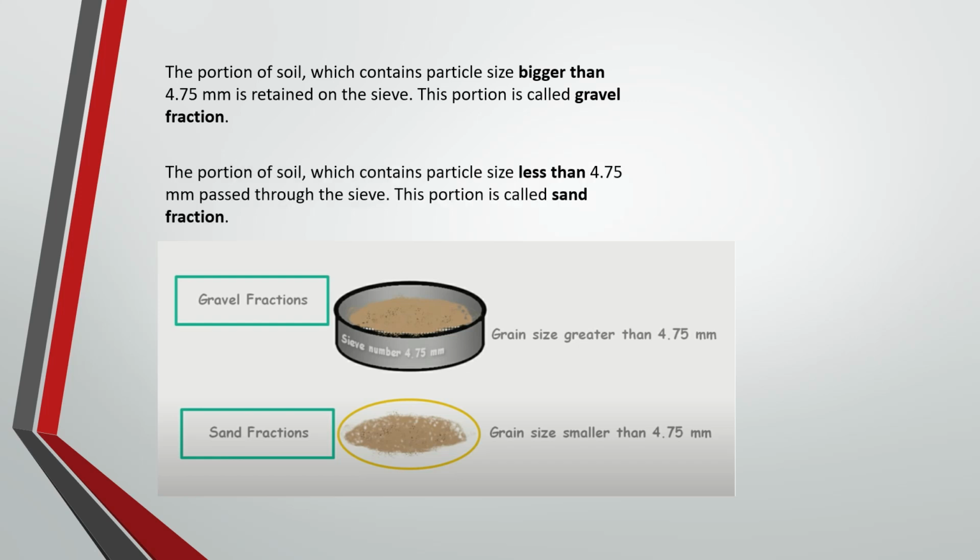The portion of soil which contains particle size less than 4.75 mm passes through the sieve. This portion is called sand fraction, having grain size smaller than 4.75 mm.